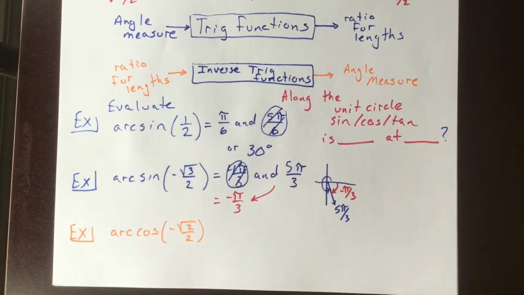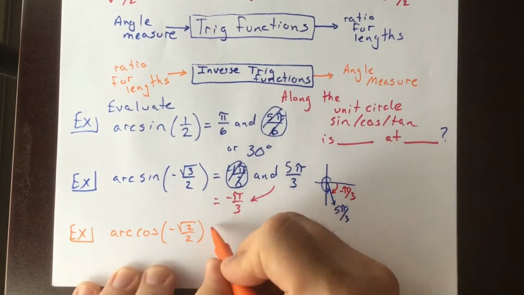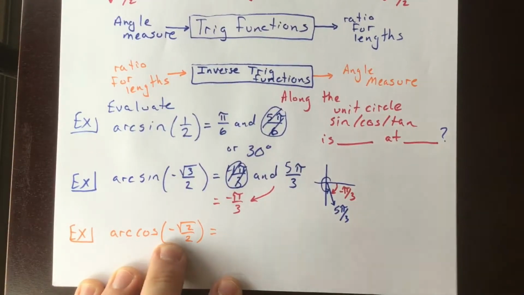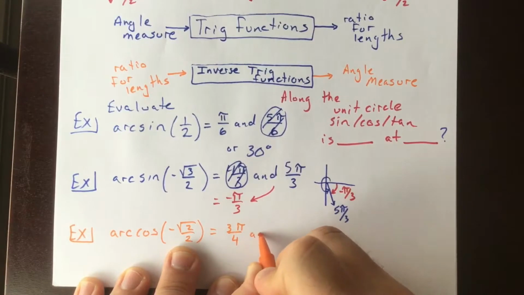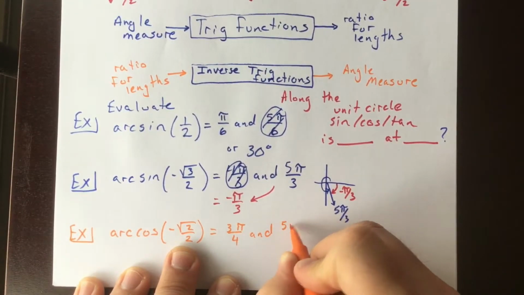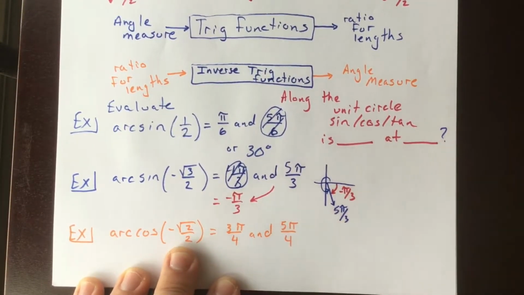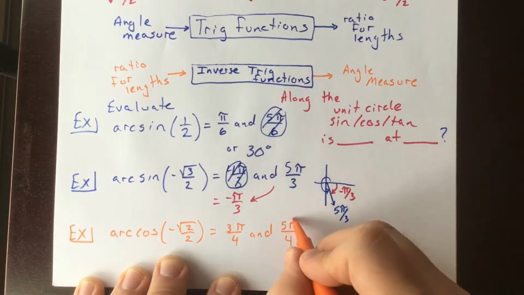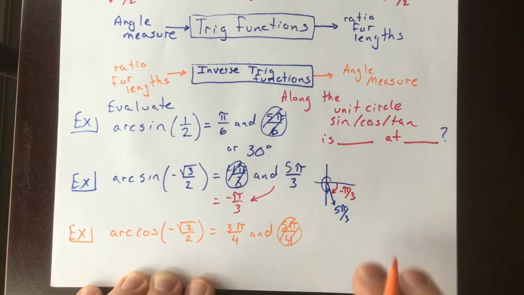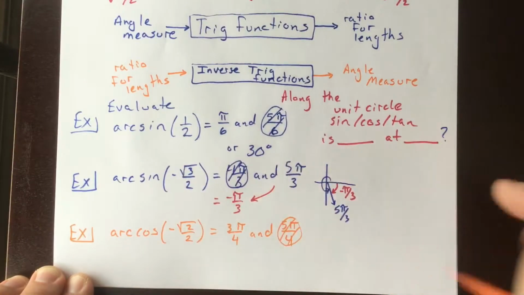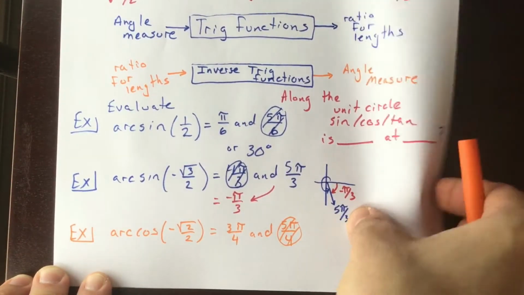All right, so along the unit circle, cosine is negative square root of 2 over 2 at, so it's going to be over 4, so negative square root of 2 over 2, that's going to be 3 pi over 4 and 5 pi over 4. But thinking of our range, we would be at 3 pi over 4, or 135 degrees. And actually, let's go on to the next page.